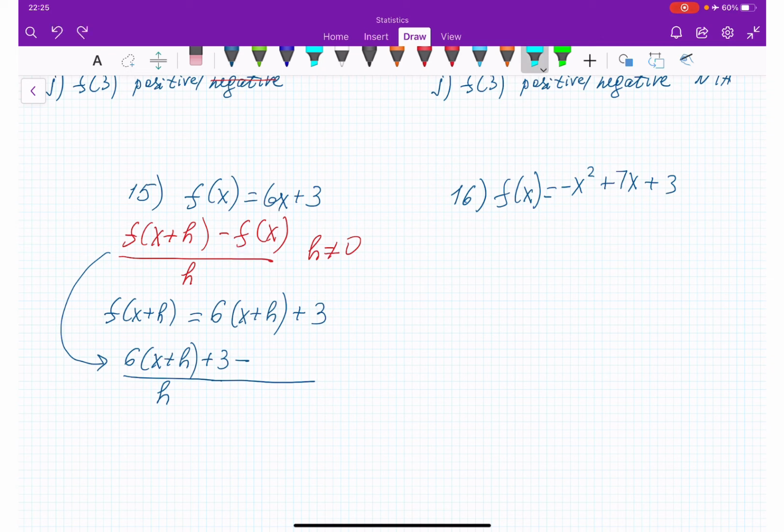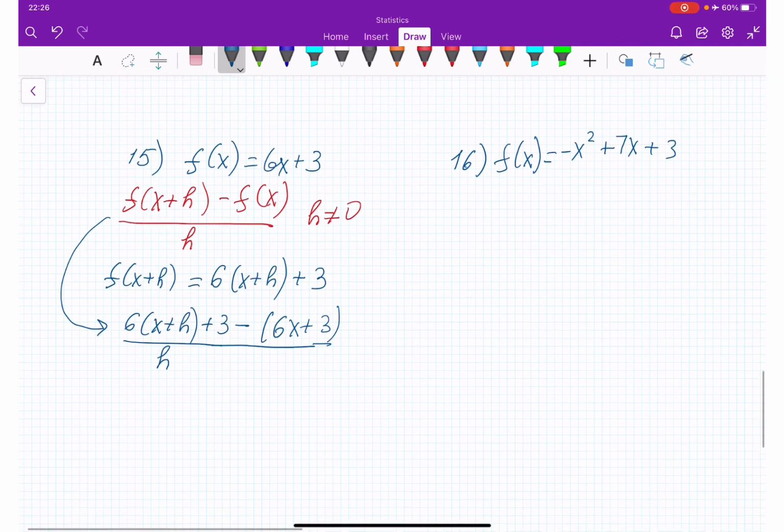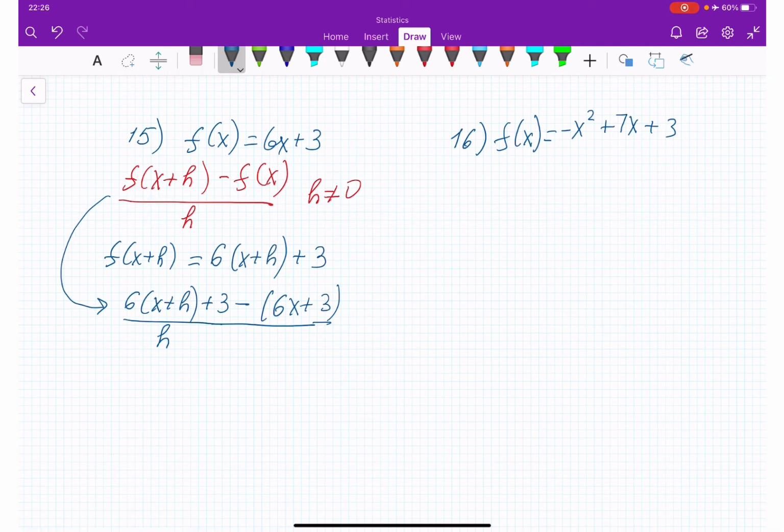So minus f of x, minus 6x plus 3. Okay, what do we get here? So I'm getting 6x plus 6h.